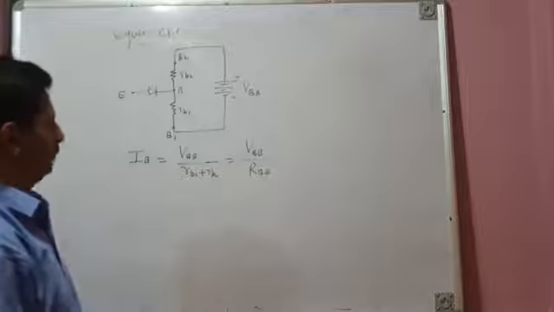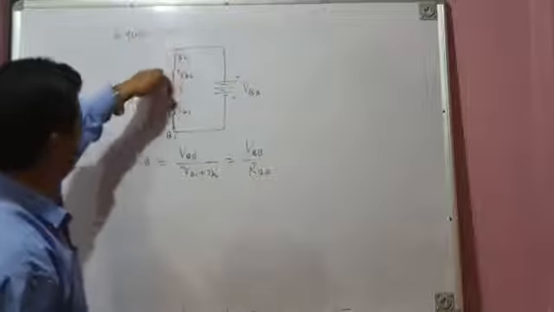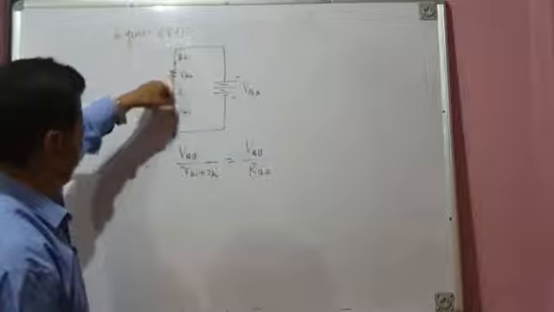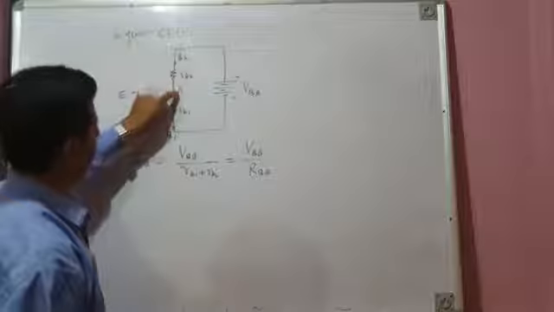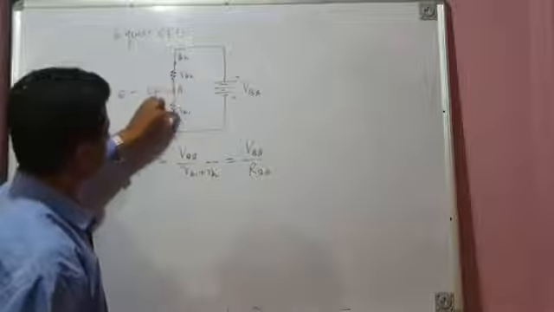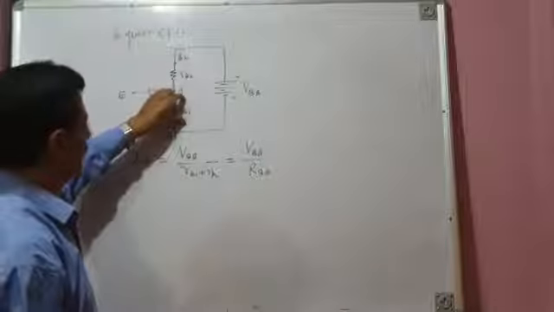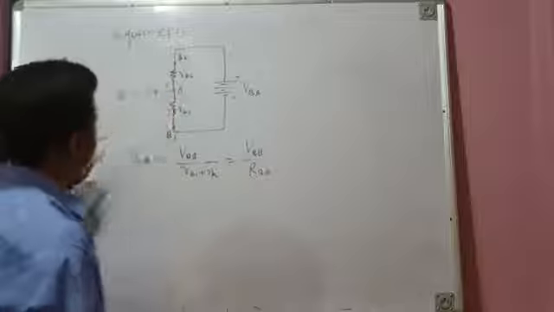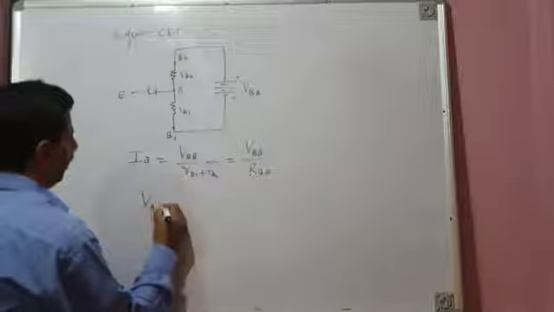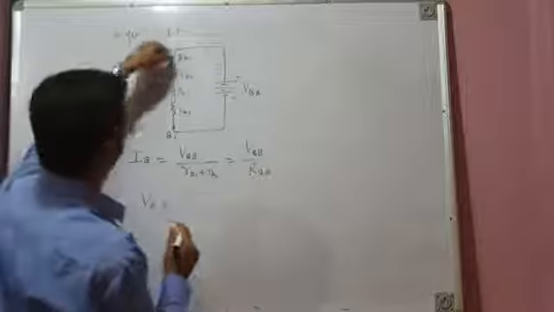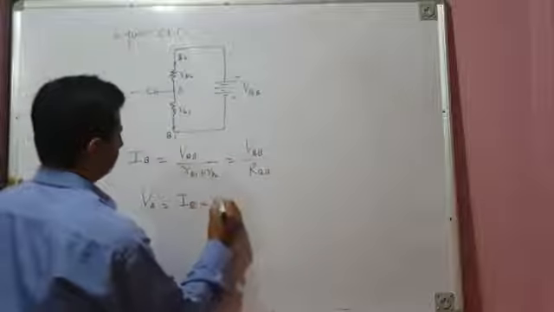Now because of the flow of this current IB, which is flowing in series with these resistances, a voltage drop will be produced at point A. A voltage will be dropped across resistance RB1. We are interested in finding that voltage, and that voltage will be represented as VA. VA is the product of current and resistance, IB into RB1.